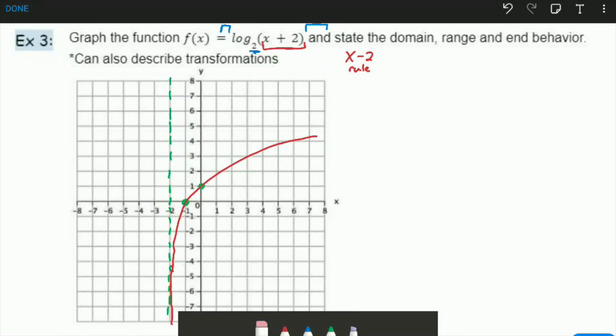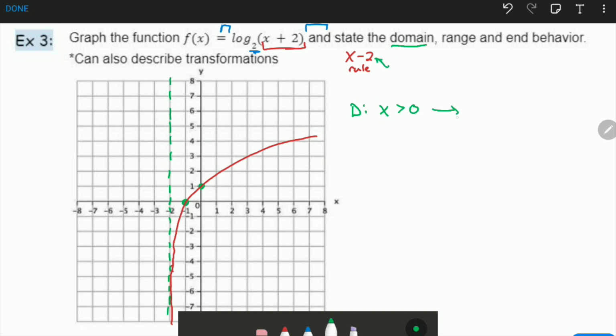Okay, and the next part that we're going to look at here is stating domain, range, and end behavior. We're also going to describe the transformations. So the domain for a logarithmic parent function is normally x greater than 0. However, we have a transformation of subtracting 2.